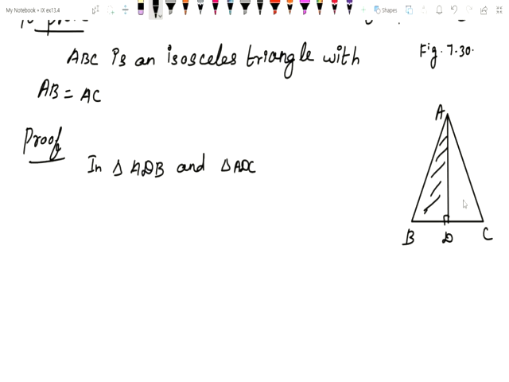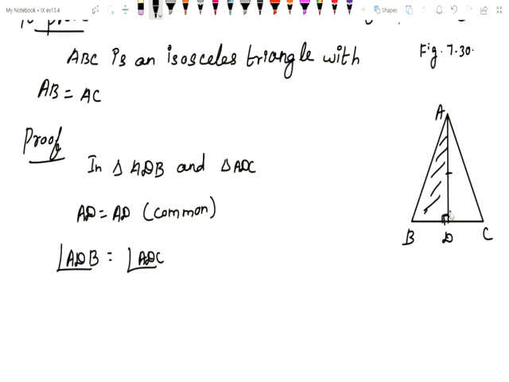So, in this AD is common. So, AD equal to AD, common, and angle ADB equal to angle ADC because each is 90 degree.